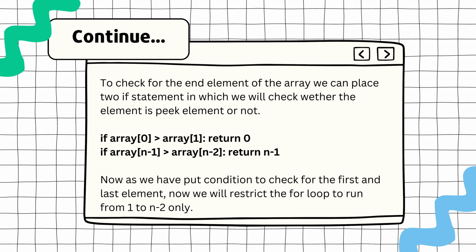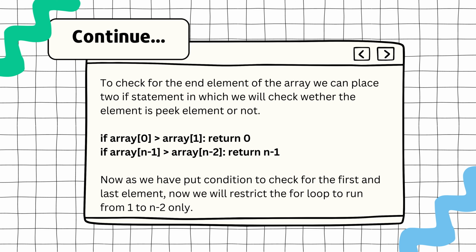If either one is greater, then return the corresponding index. Now, as we have put conditions to check for the first and last element to be a peak element, we will restrict the for loop to run from 1 to n-2 only.